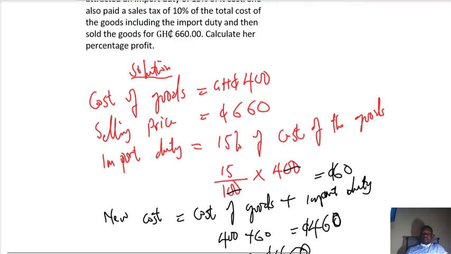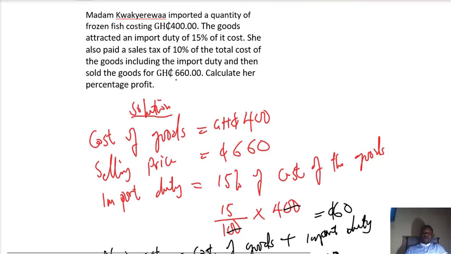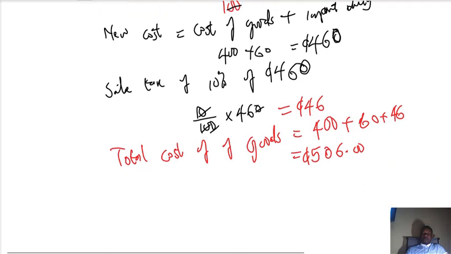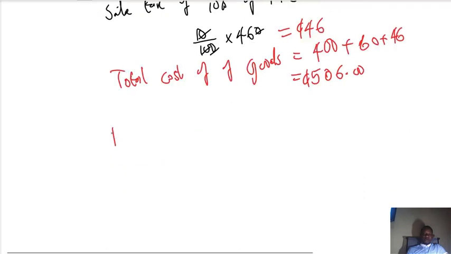But after all this, she sold the item at 660 Ghana cedi. And the question says that we should calculate the percentage profit. We all know profit is equal to SP, the selling price, minus the cost price of the item.